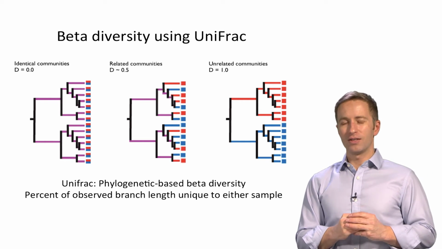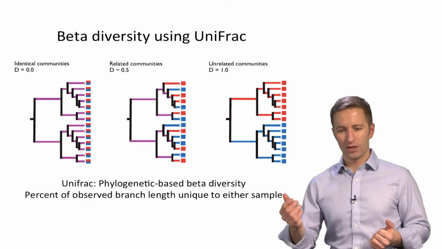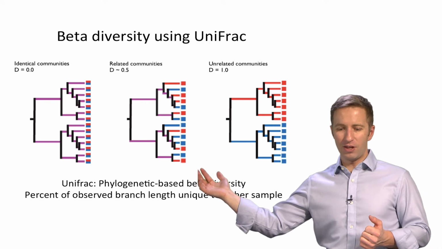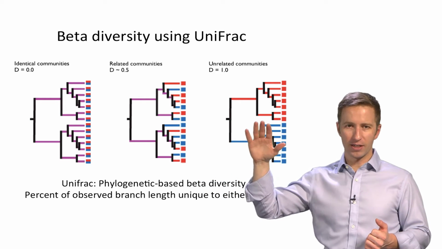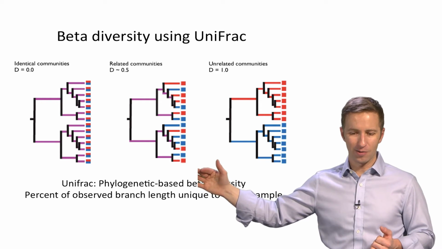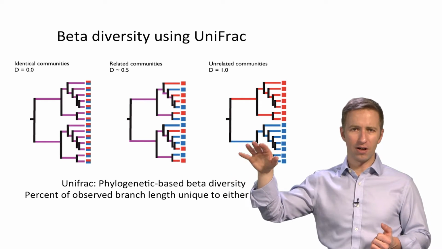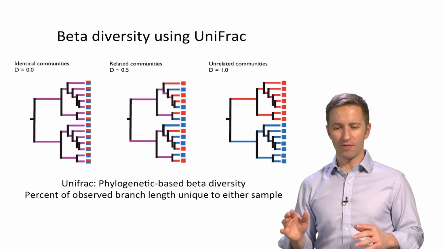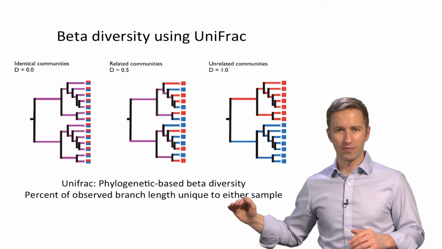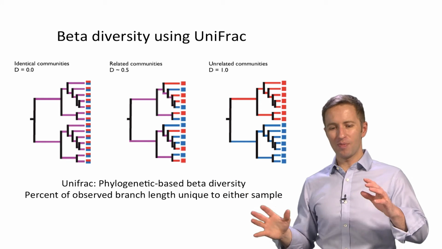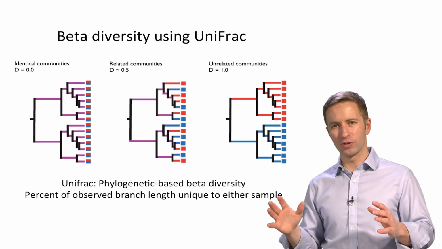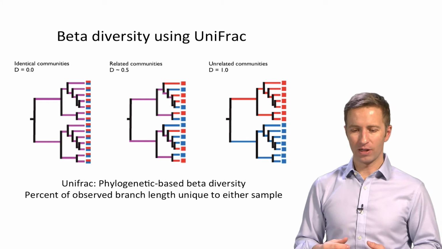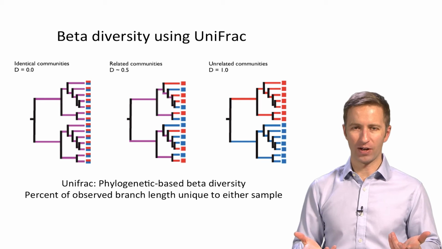You could have somewhat related communities, such as the middle figure here, and this is where they share a lot of their evolutionary history, say at the genus level on up to the phylum level, but when you get down to species or OTU level, they tend to diverge. So in this case, maybe about half of the phylogenetic tree is unique to the red sample or the blue sample, so they would have a UniFrac distance of 0.5.